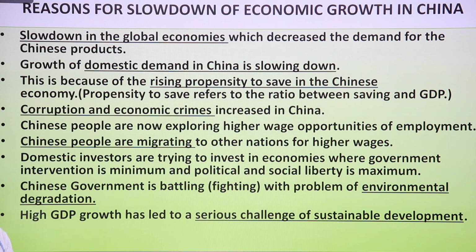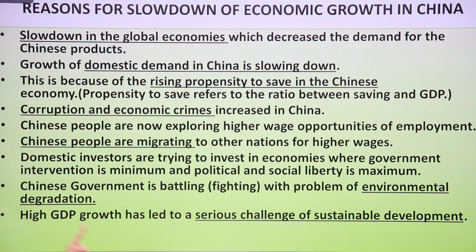It pollutes air, it pollutes water, it destroys the fertility of soil, and that's why an environmental crisis has happened in China. Its environment is degrading day by day, and that is also leading to its low growth rate. It's battling with the issue of environmental degradation.